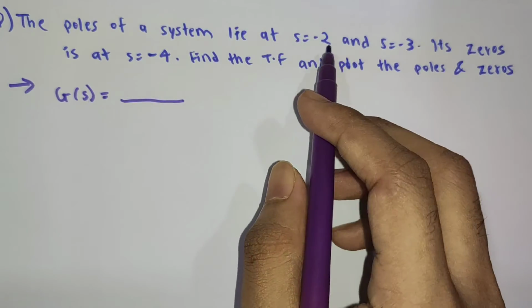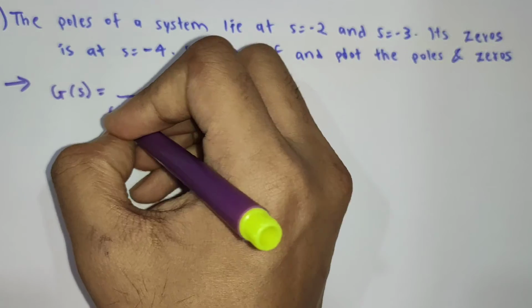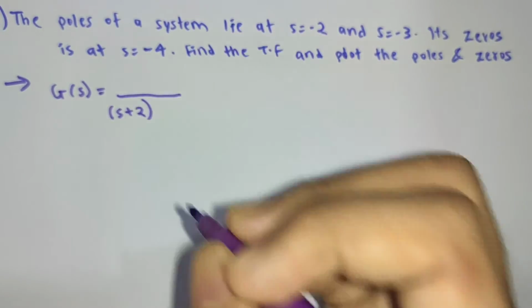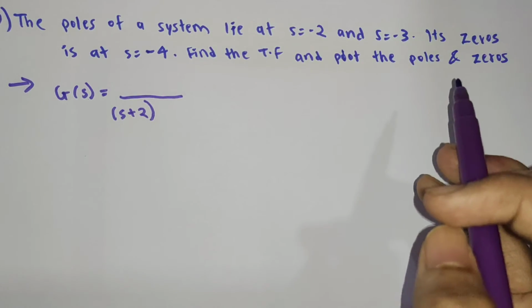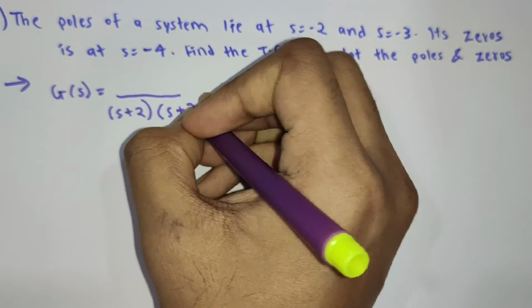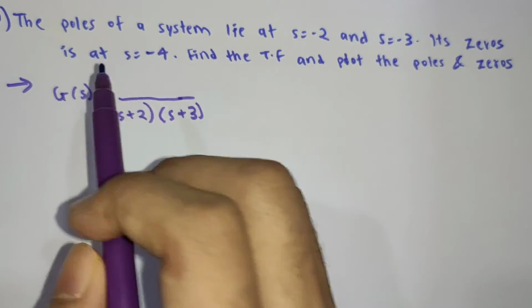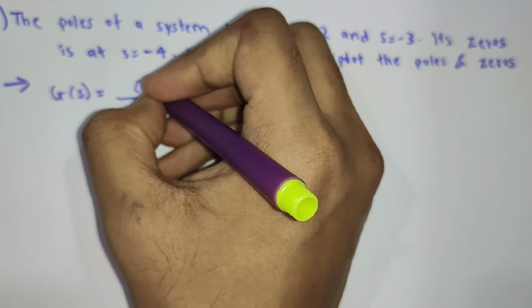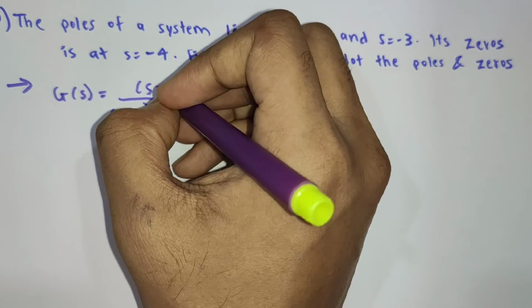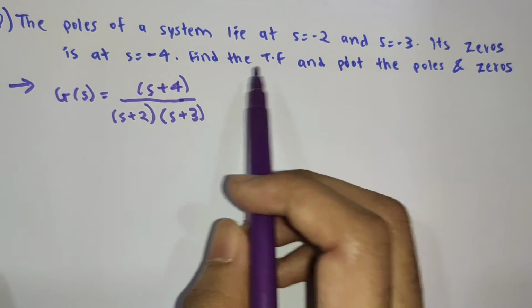Poles are at the denominator, so s is equal to -2 gives s plus 2 in the denominator, and s is equal to -3 gives s plus 3. Similarly, the zero is at s is equal to -4, so it will be s plus 4 in the numerator. This is the transfer function of the given question.